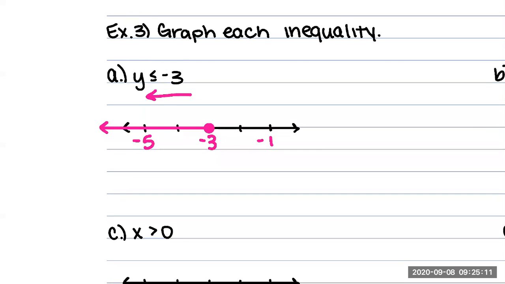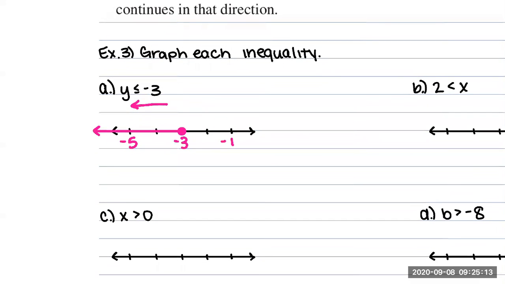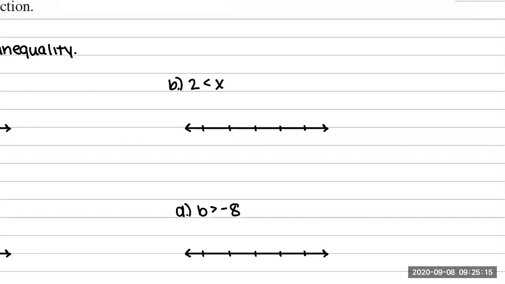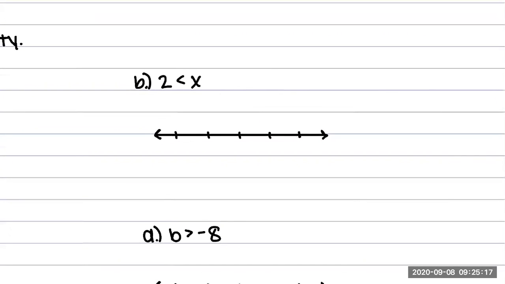So I'm going to do the next one with that squiggly line like I was telling you. So for B, we have 2 is less than x. My variable doesn't come first here, so I'm going to rewrite this to where my variable comes first, and it's just going to turn into x. Keep my sign open to the term that it's open to, so it stays open to the x: x is greater than 2. I'm going to put my 2 down, and the numbers that surround it.